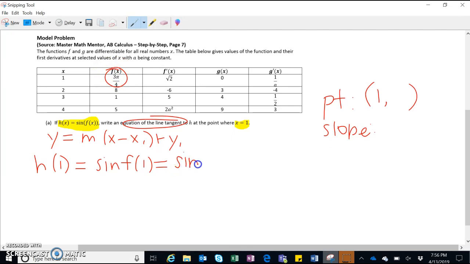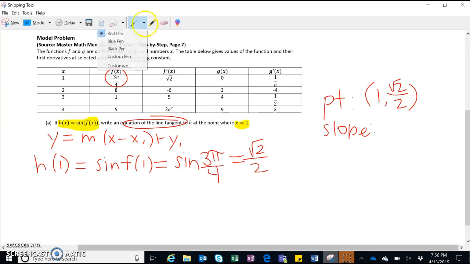So this problem will have a y value equivalent to the sine of 3 pi over 4. With a little bit of unit circle recollection, we should all be able to land at a place where we reduce that down to square root of 2 over 2. That's the sine of 3 pi over 4. So I'm coming over here and replacing that y coordinate with root 2 over 2.